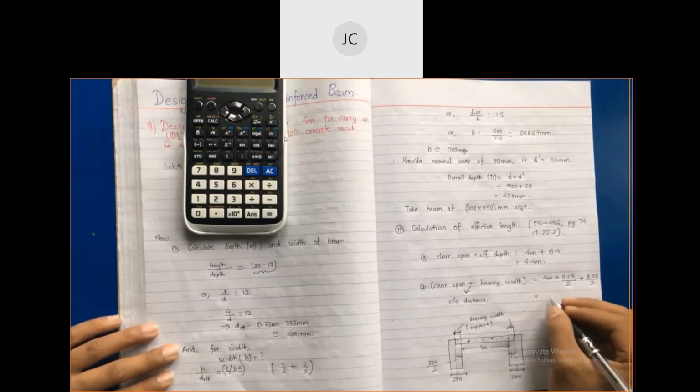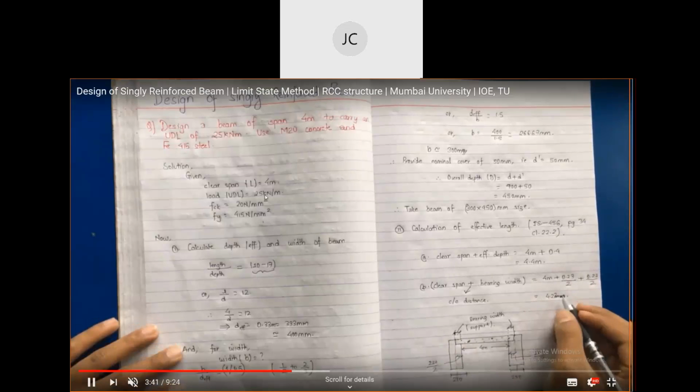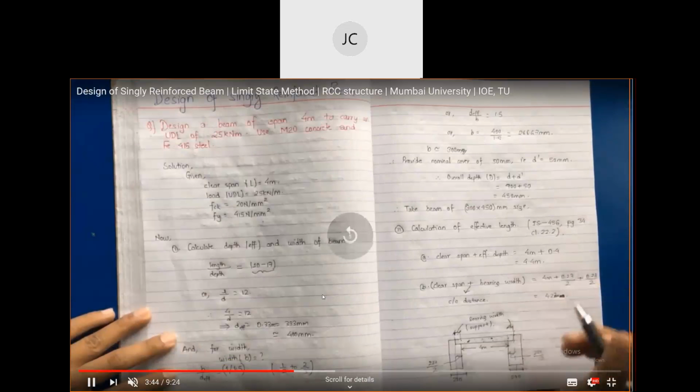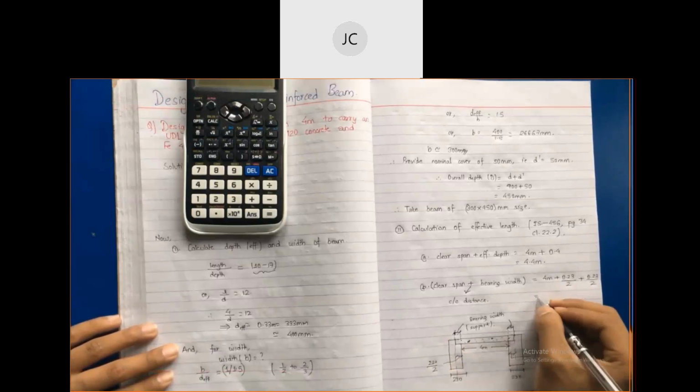In the question I think the width of the support is given. I think the width of the support was given as 230 millimeter.